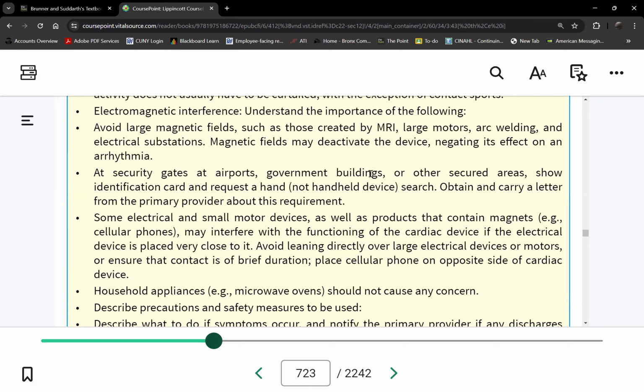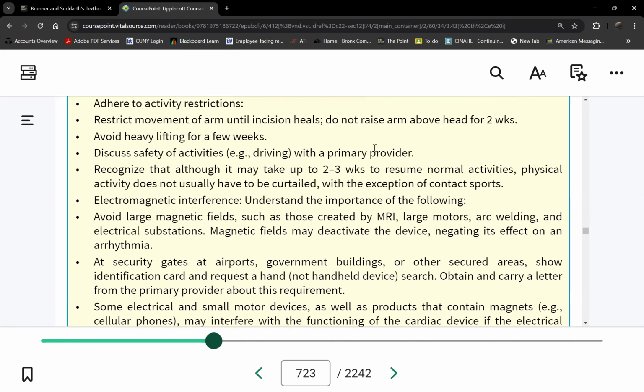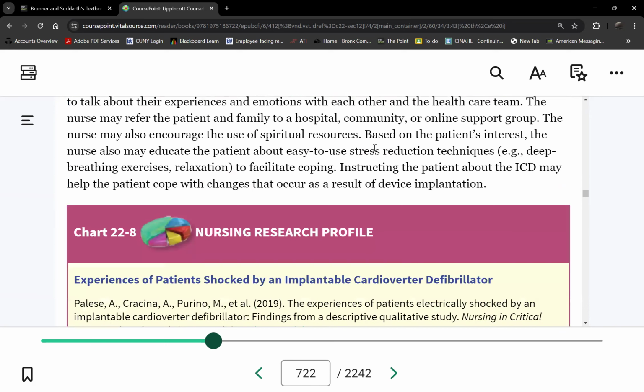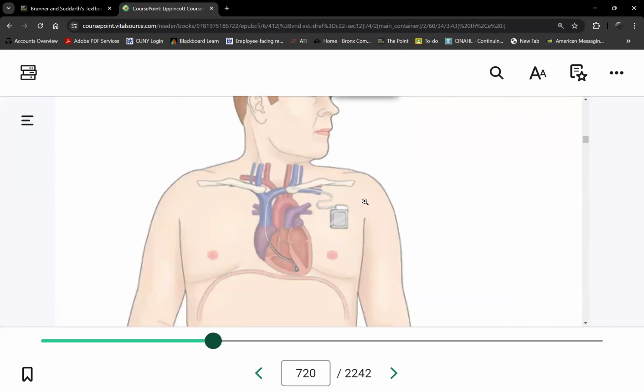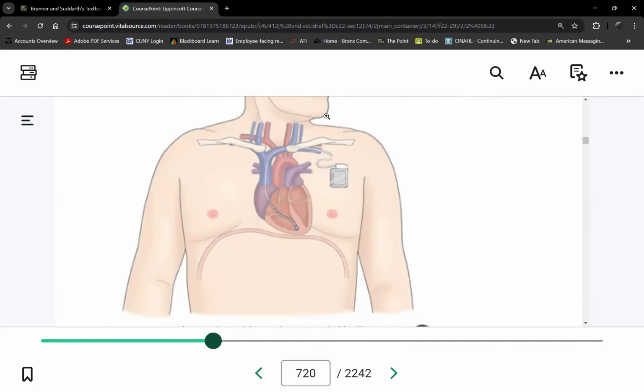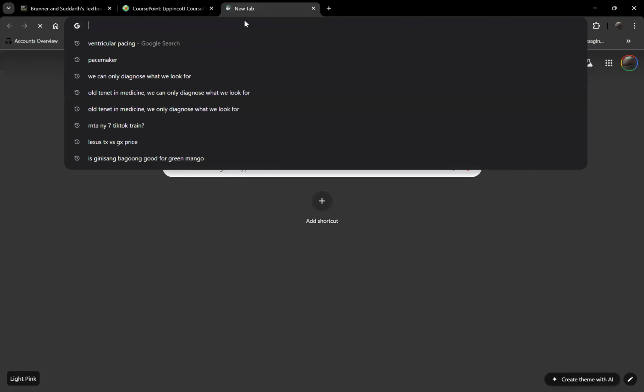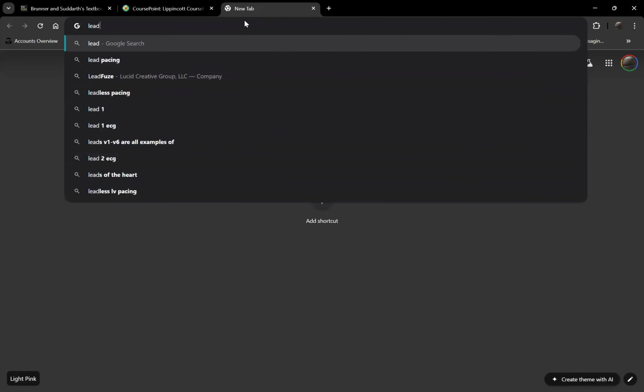However, there are now really small pacemakers. Unlike the old ones, like these devices, this is the traditional pacemaker. We have leadless pacemakers now, which are invisible.